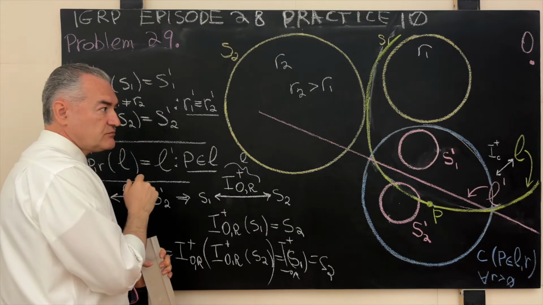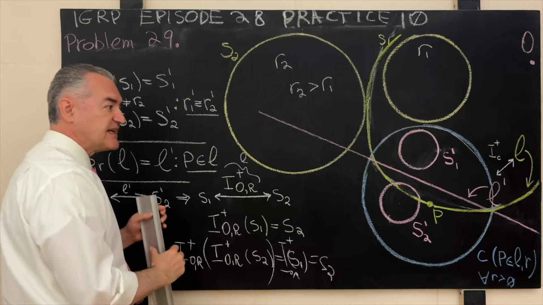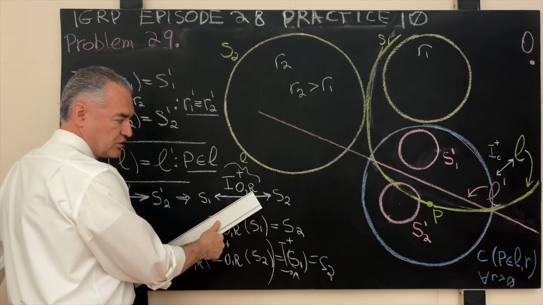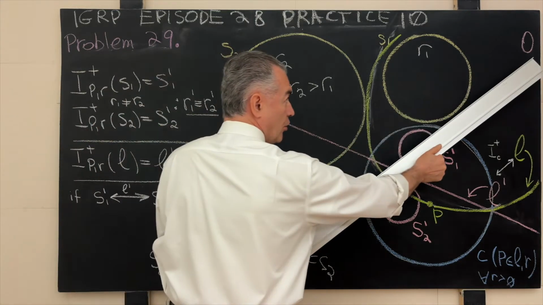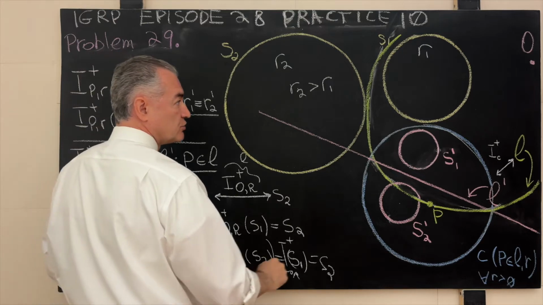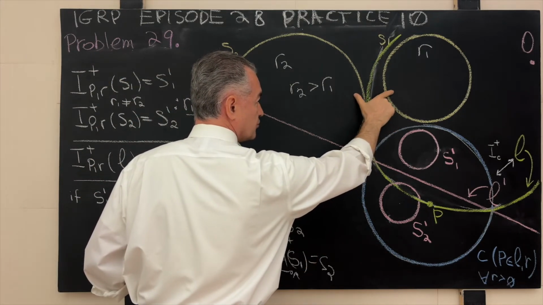And now we just need to cover the technical details of how exactly we find the radius R and the center O of inversion with respect to which, or under which, the circles S1 and S2 are taken one into the other.